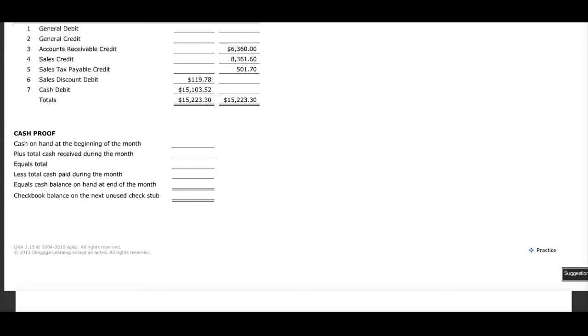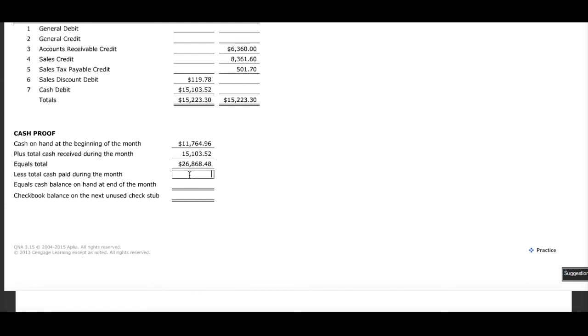So first things first, cash on hand at the beginning of the month was $11,764.96 plus my cash received during the month, which is $15,103.52, gives me a total of $26,868.48.